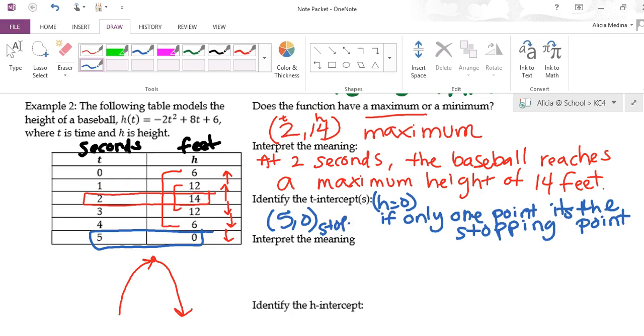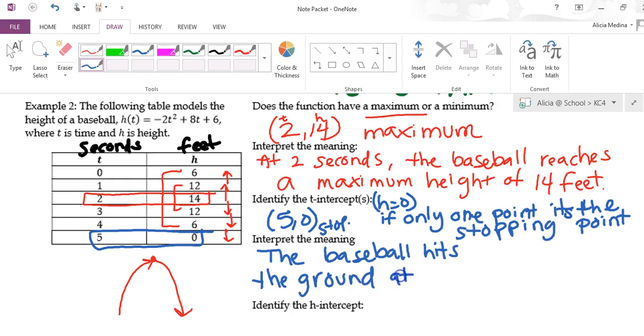Interpret what that means. Well, if this is talking about our time, the baseball hits the ground at 5 seconds.